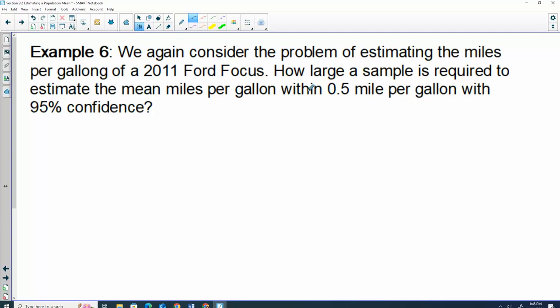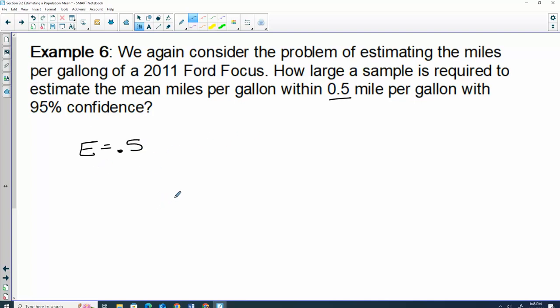So if I go back to my forward focus problem, I want to know how large of a sample is required to estimate the mean miles per gallon within 0.5 miles per gallon, so that is my error, with 95% confidence.